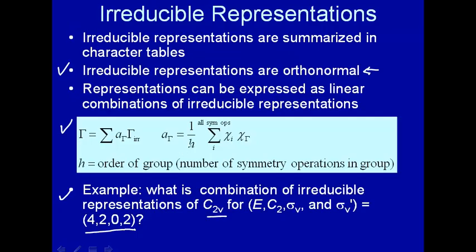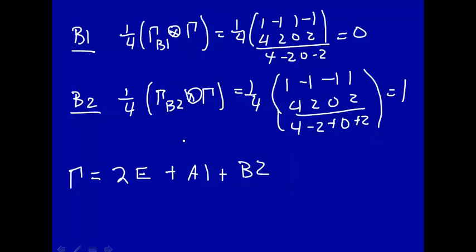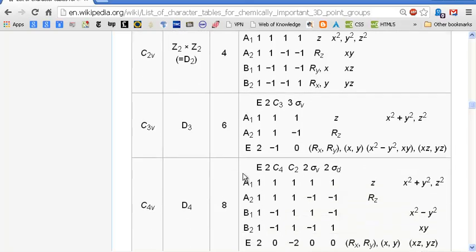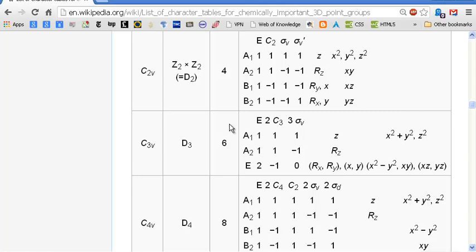Now, let me do one more clarification here. This is the total number of symmetry operations in a group. All right. So we did C2V. Let's look at C3V. Here's C3V right here. So contrast and compare.